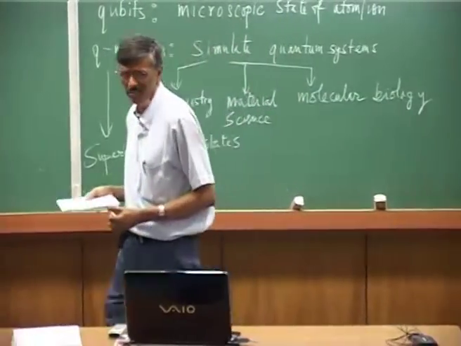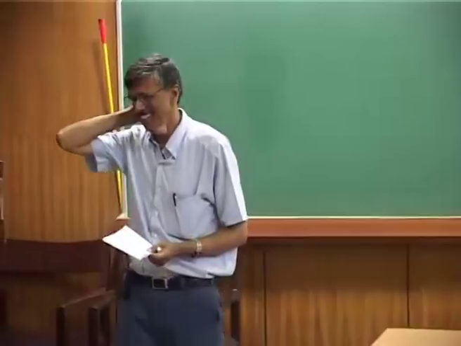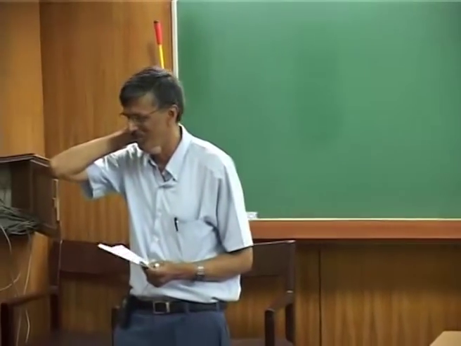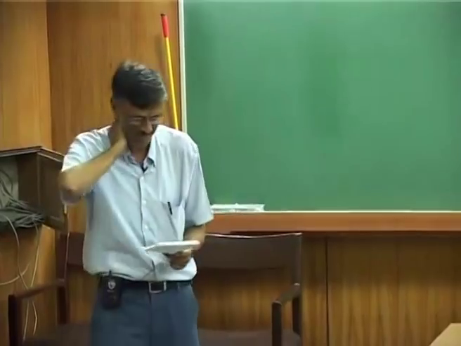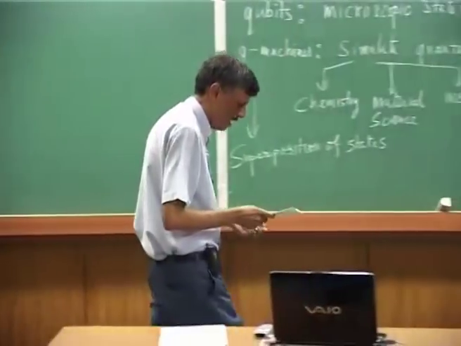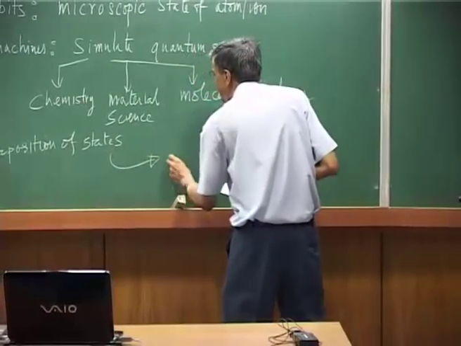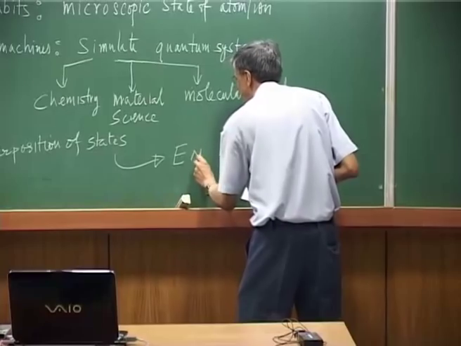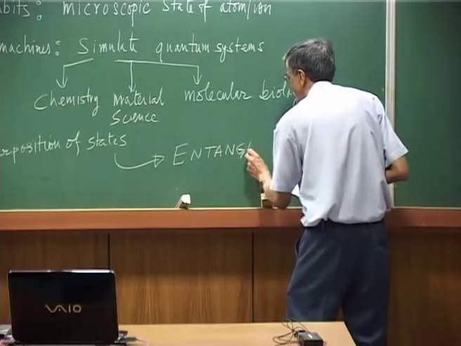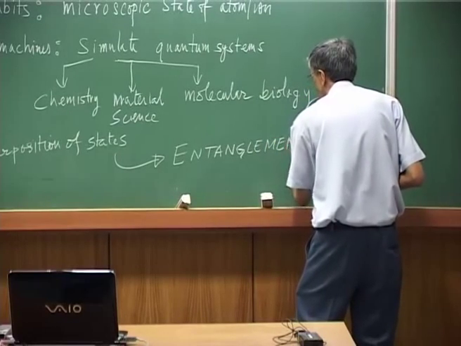But by definition, quantum mechanics is a very hypersensitive system, right? You measure something and everything else is affected. So what happens as a consequence? As a consequence, you get what is called entanglement.